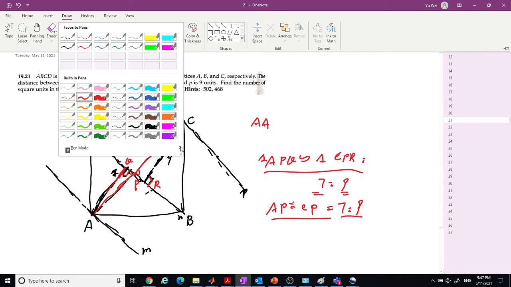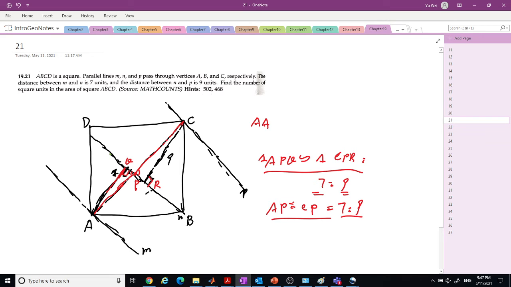Okay, now let's see, we have another similar triangle. This is M. We have another set of similar triangles, right? So we know AM over BC is also equal to AP over CP, which is 7 to 9.